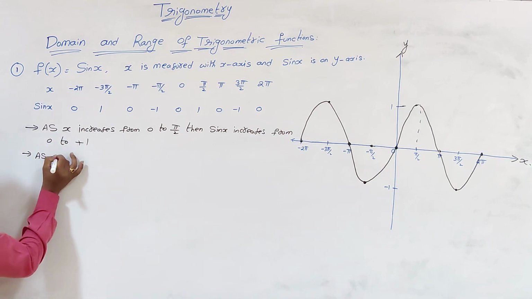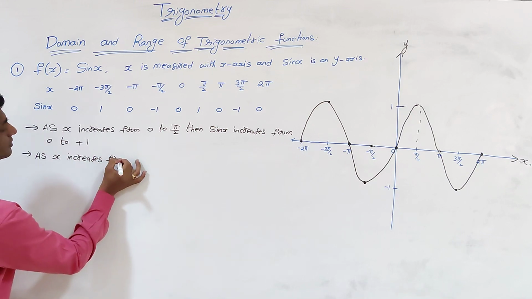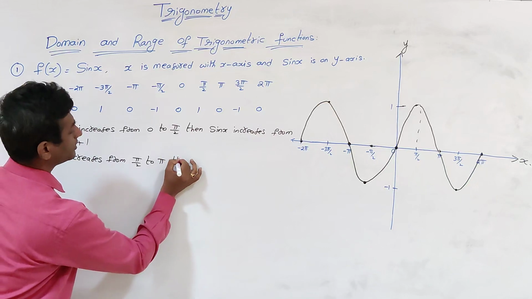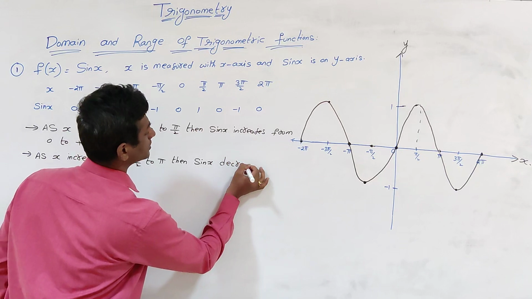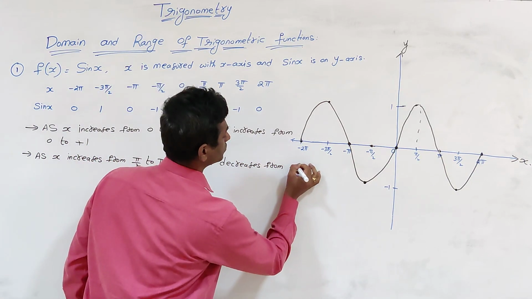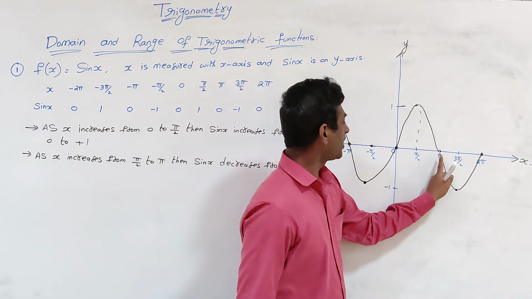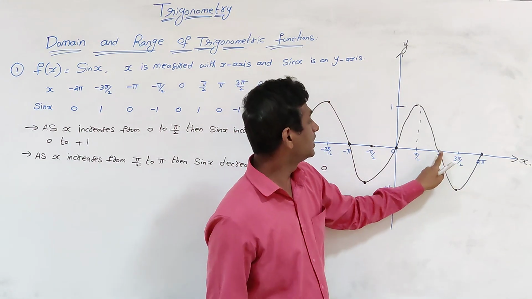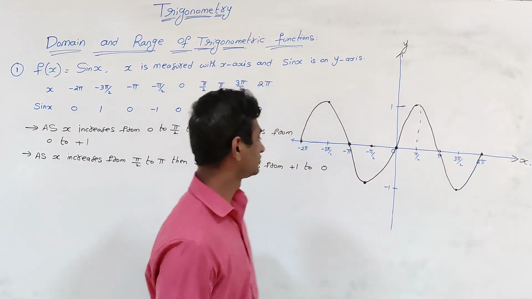As x increases from pi by 2 to pi, sin x decreases from plus 1 to 0. Again, if x moves from pi to 3 pi by 2, which is the third quadrant, then it is again decreasing from 0 to minus 1.